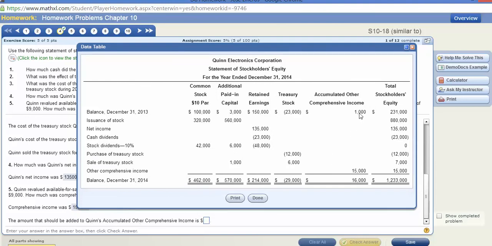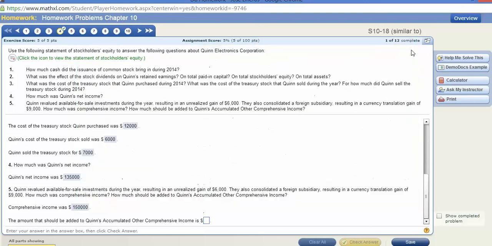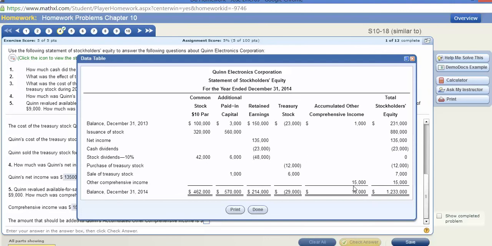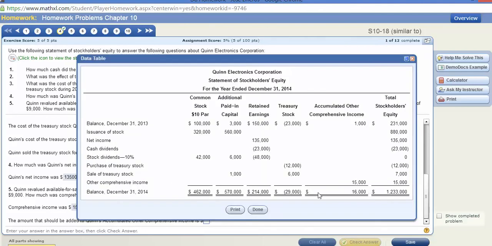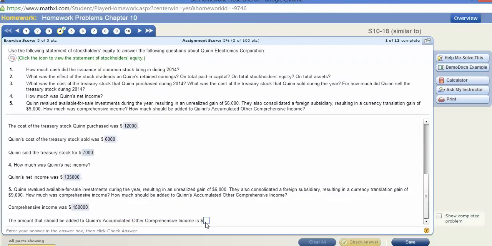Well, you started with 1,000, and because of these transactions that occurred here, the $6,000 for the unrealized gain and the 9,000 for the currency difference, you should add, it just tells you right here, $15,000 to this. So again, the answer is pretty much given to you as to how much needs to be added to accumulated other comprehensive income. Just pick this $15,000 figure up.